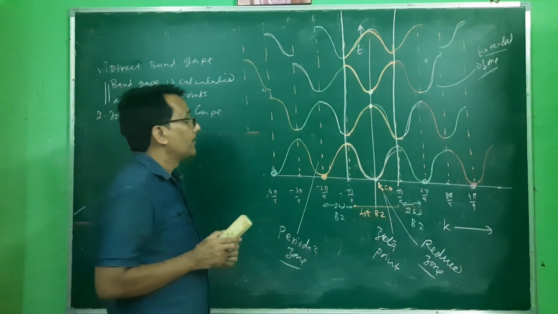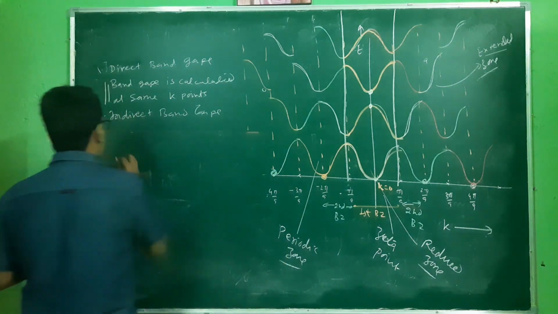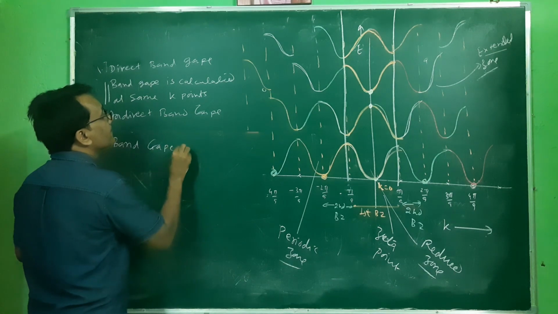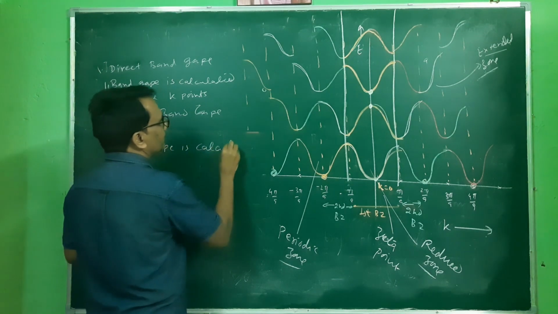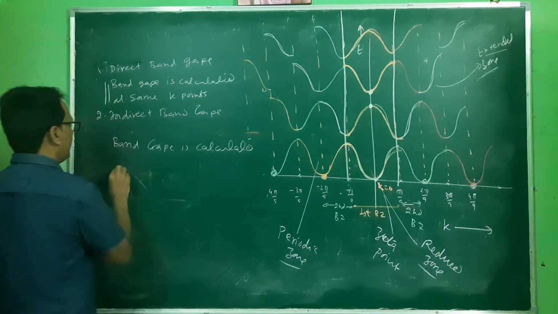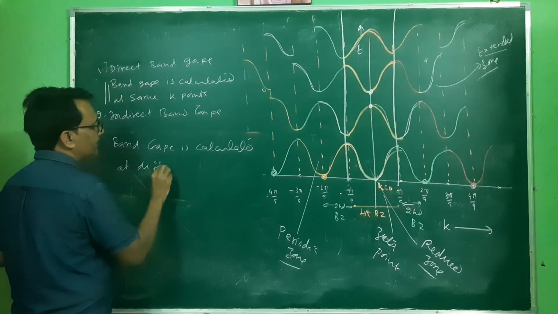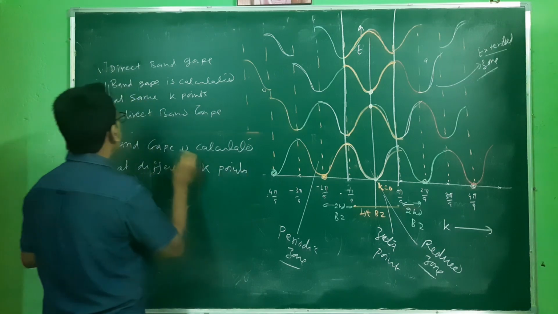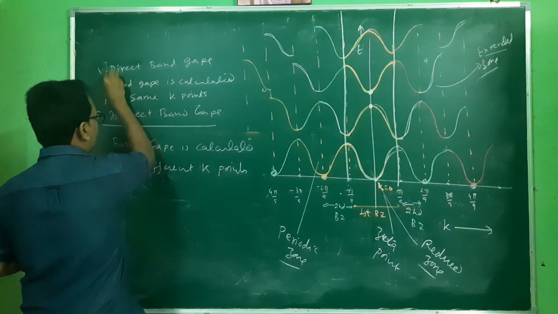And when the band gap is calculated at different K points, then those materials are known as indirect band gap materials.